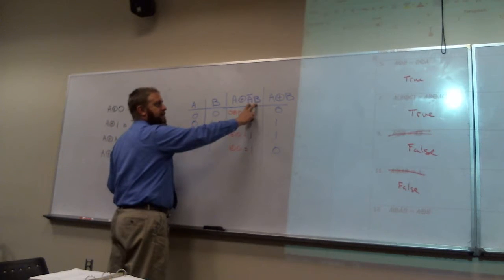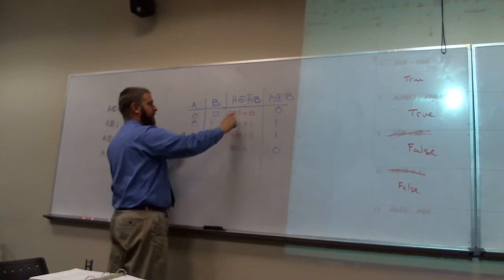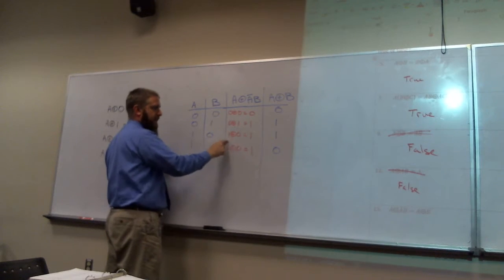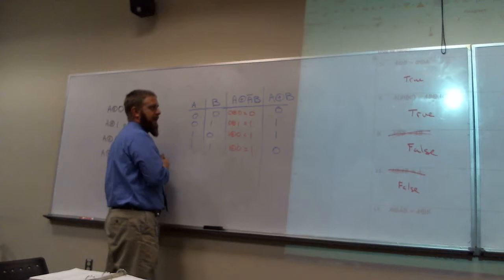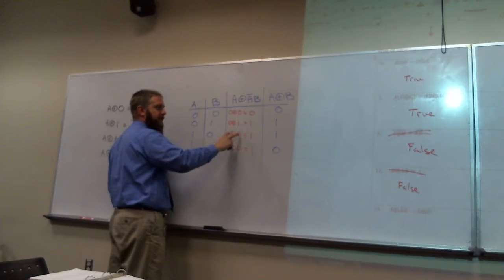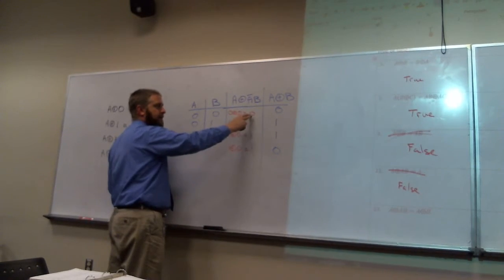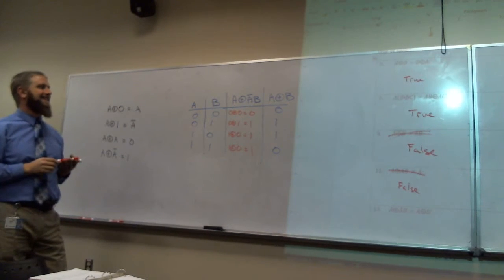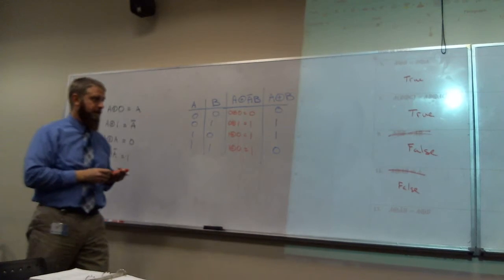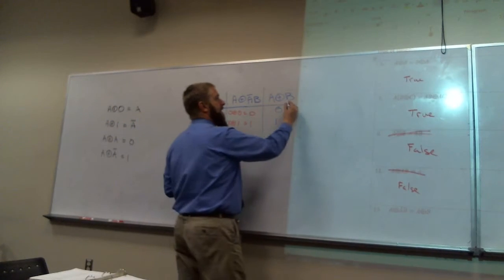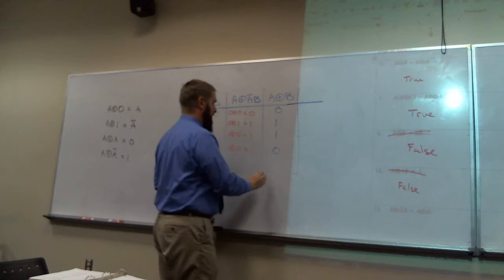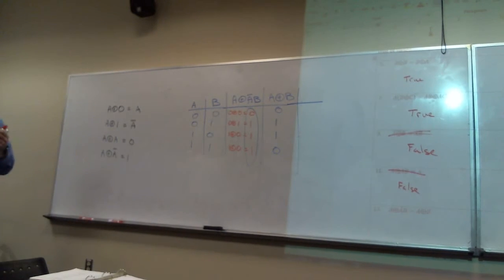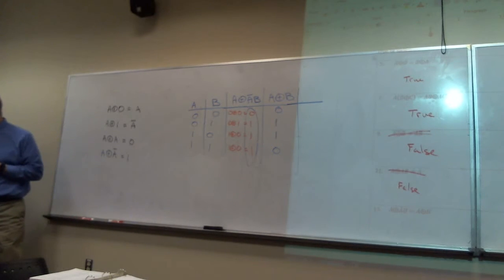So NOT A AND B is only true if A is 0 and B is 1, that happens here. Then the left-hand side is just what's happened with A and B, and then you're applying the exclusive OR rules. Same false, different true. They're not the same. However, we've seen a truth table like this before. What truth table gives you 0, 1, 1, 1?